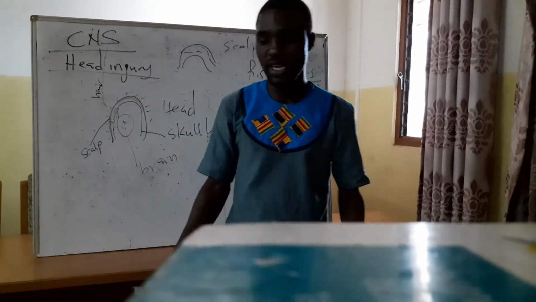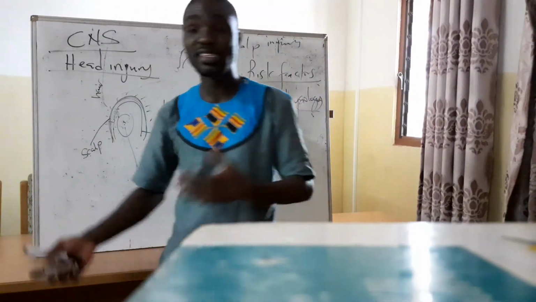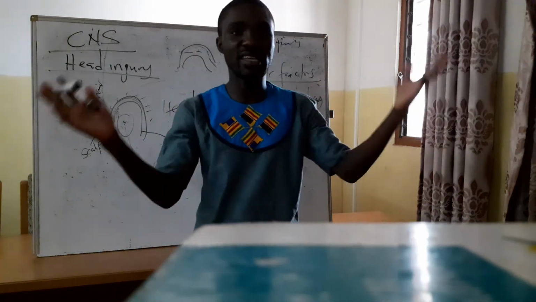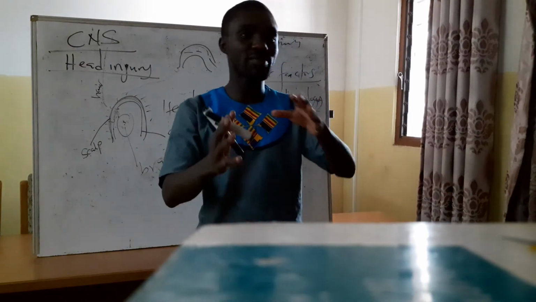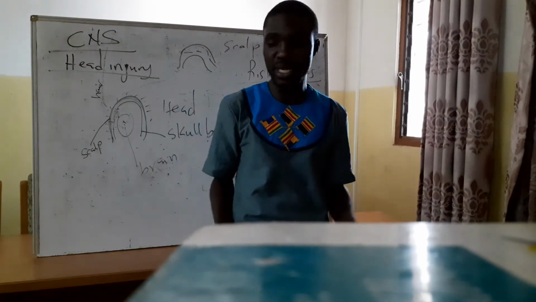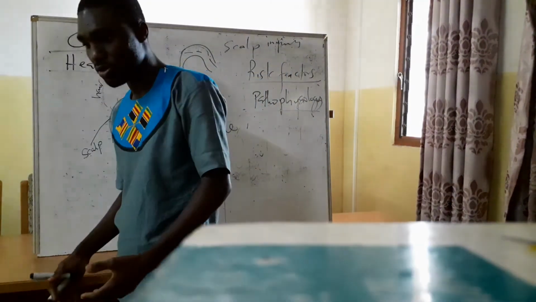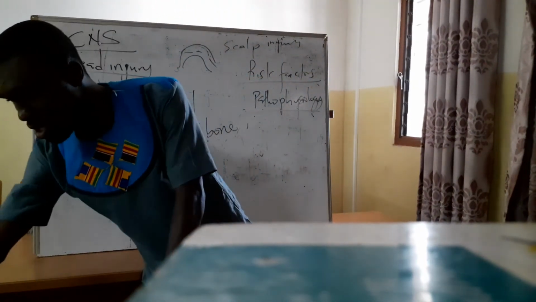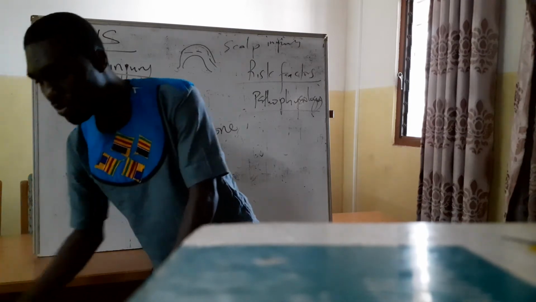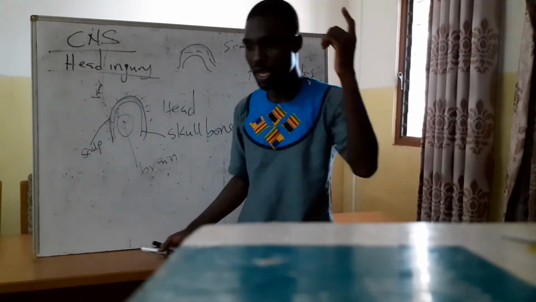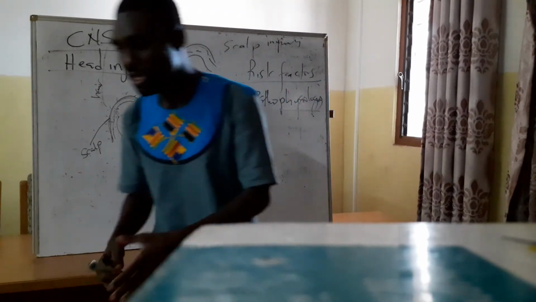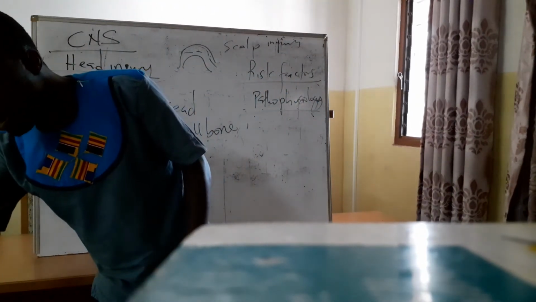So there are a few cases where sometimes there's an accident and then the scalp, the skin, is open, and then sometimes the scalp bone is even open and then the brain is out, right? So it depends on the severity of the head injury, right? So these are the various types of head injury that we have. We can have injury to the scalp, injury to the skull, and then injury to the brain.